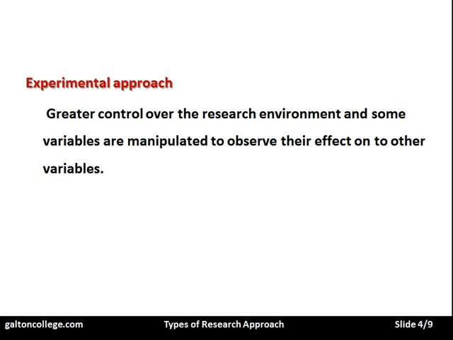The experimental approach involves greater control over the research environment, and some variables are manipulated to observe their effect on other variables. That would be an experimental approach. It's generally used in the natural sciences, for example in physics or in chemistry, where there are many variables and the scientists try to control many of the variables and vary one of the variables and see what happens to a second one.